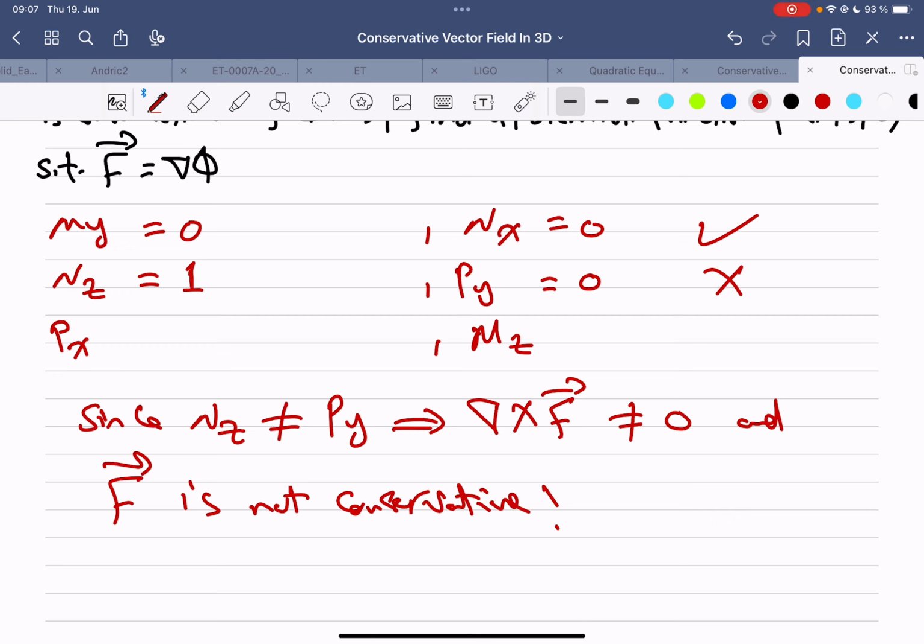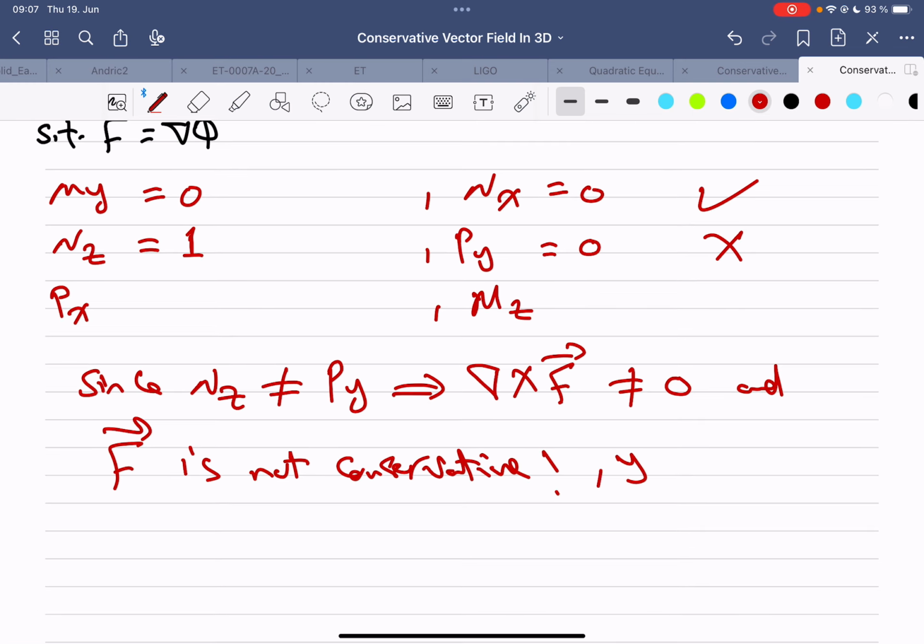If f is not conservative, you cannot find phi such that gradient of phi equal f.